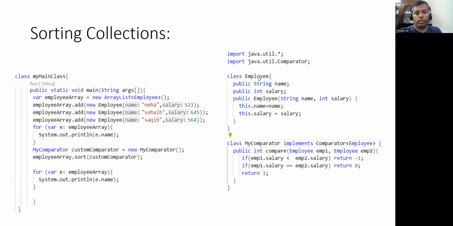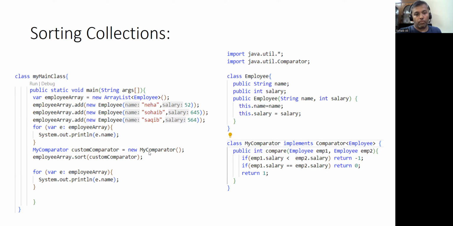Now, I want to have a collection that can be sorted based upon, let's say, employee salary. So I will have an array list, and I want to insert different employee objects in that list, and then I want to have a mechanism which allows me to sort different employees.